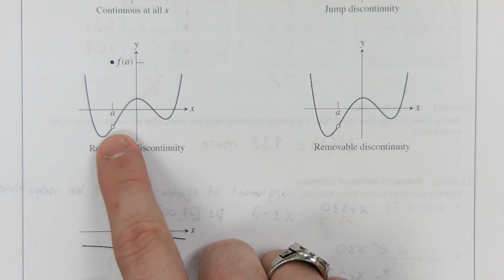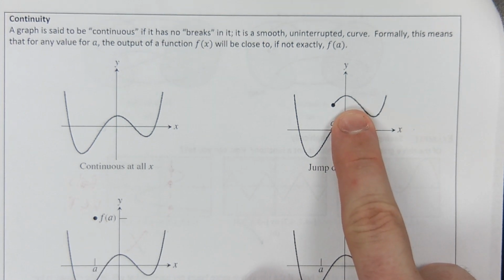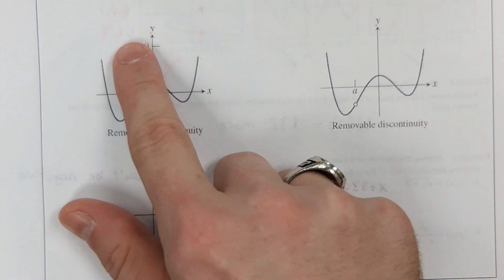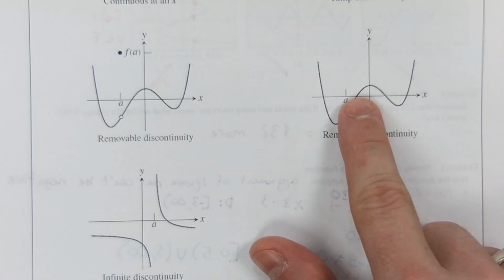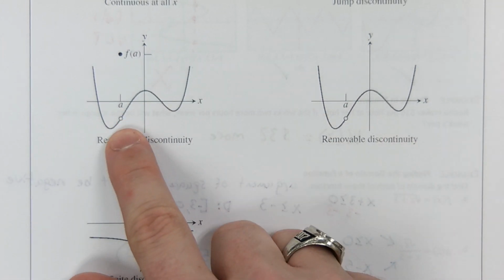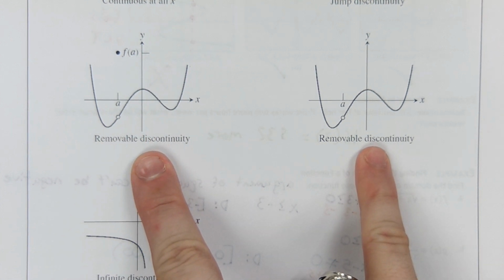Why is this not a jump discontinuity then, might be the question. Because it was not an entire span of the graph. It's a single point in space. So if a single point in space is either missing or has moved, we say that this is a removable discontinuity at that point.